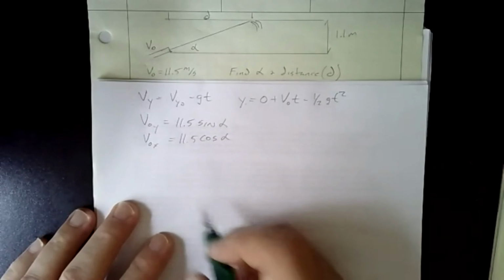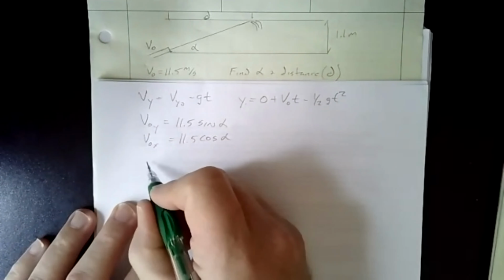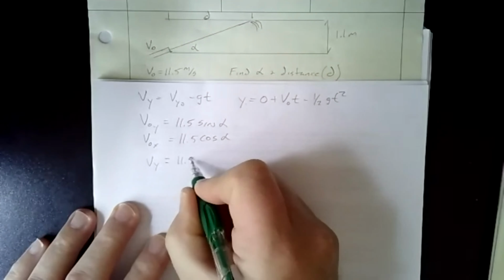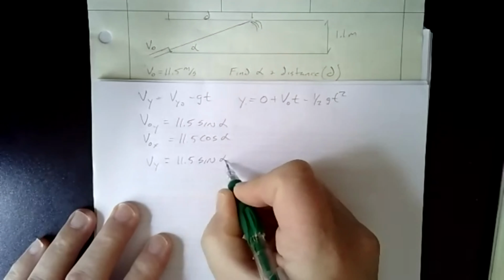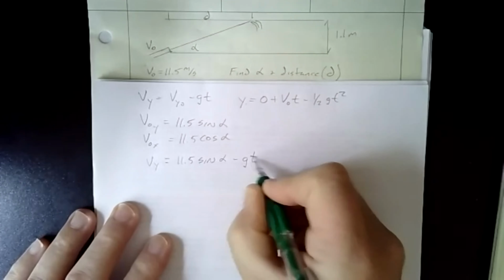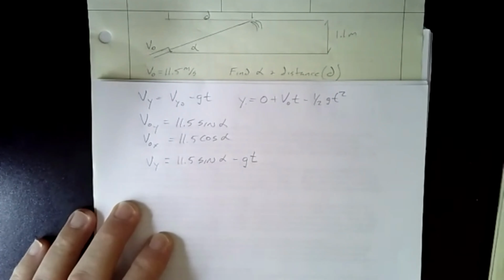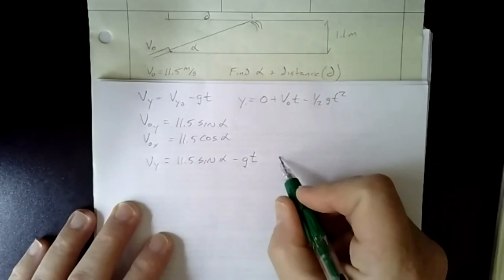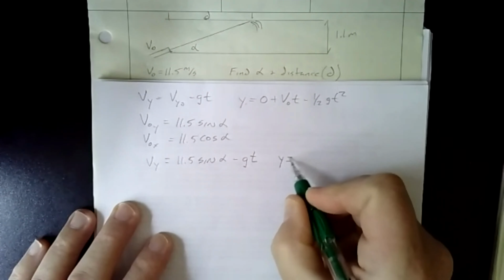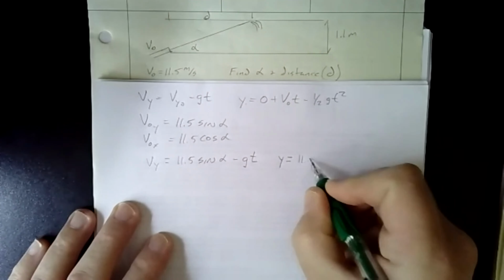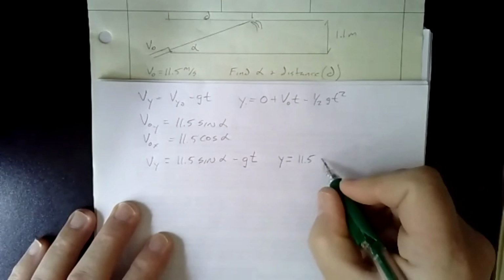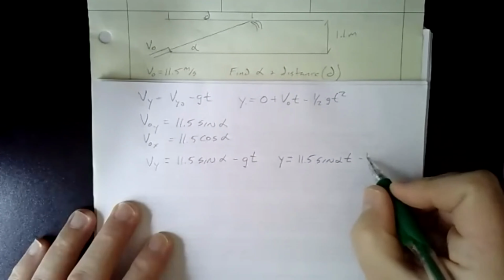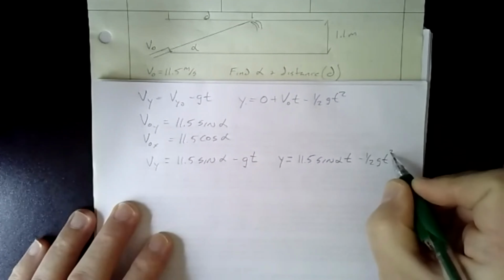So if we rewrite our Vy equation, we get Vy equals 11.5 sine alpha minus GT. And we can also rewrite our y equation as y equals 11.5 sine alpha times T minus 1/2 GT squared.